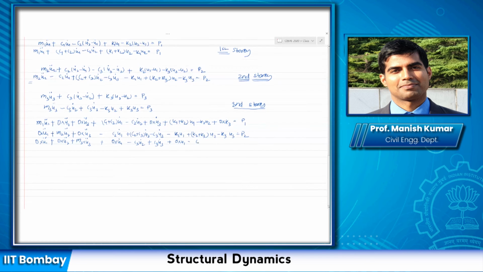Then minus K3 times U2, and plus K3 times U3, that is equal to P3. So if you look at it, these simultaneous equations I have written in terms of all the coordinates.